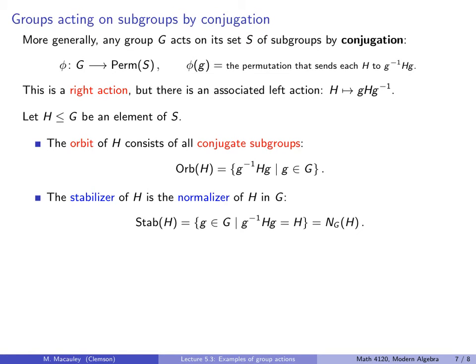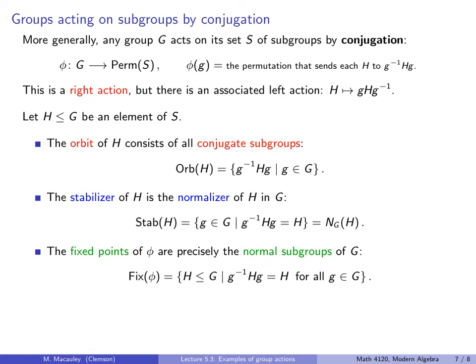The stabilizer of H, as we've noticed, is the normalizer of H in G. And we can see that explicitly. The stabilizer of H is the set of all elements in our group such that G inverse H G equals H. And that's exactly the definition of the normalizer of H in G.